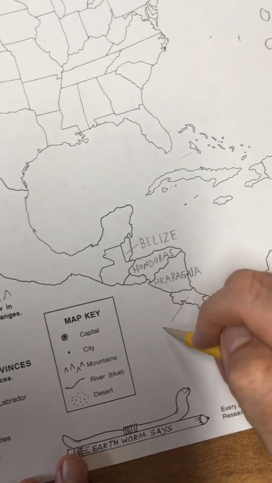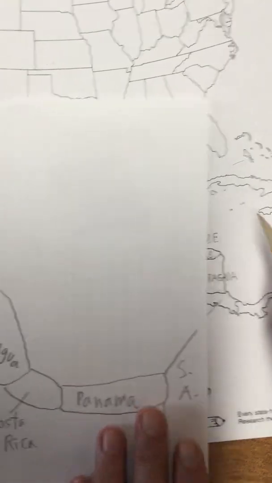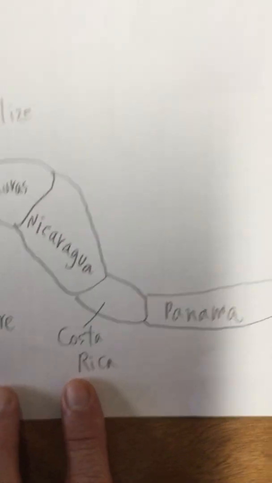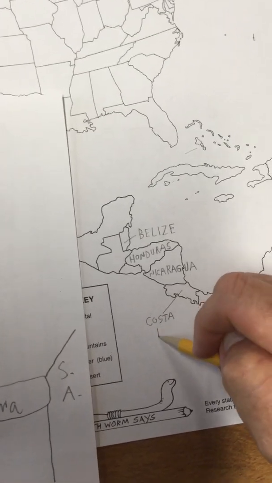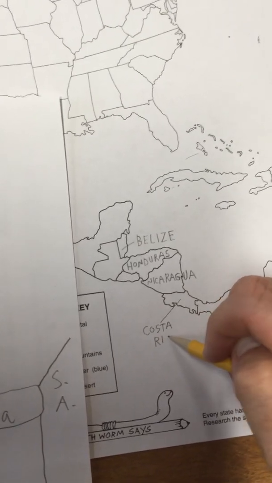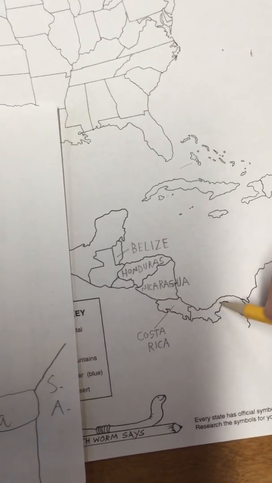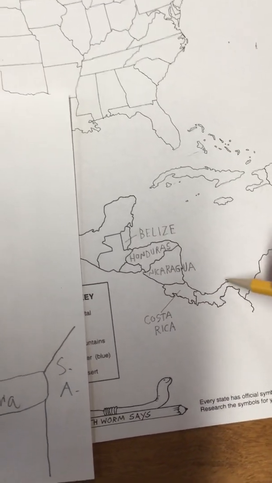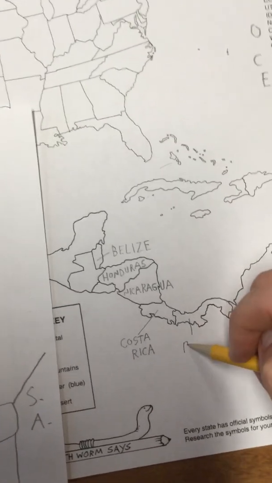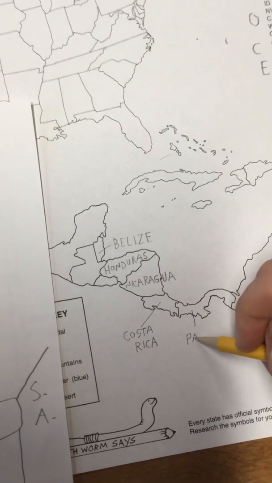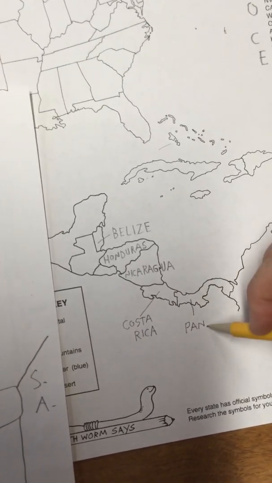I might use that same method. This is, look at our sketch map, Costa Rica. I might be able to fit Panama in there, but I think instead, I might just put it with a leader line, which will allow me to write it a little bigger and neater, not so curvy.